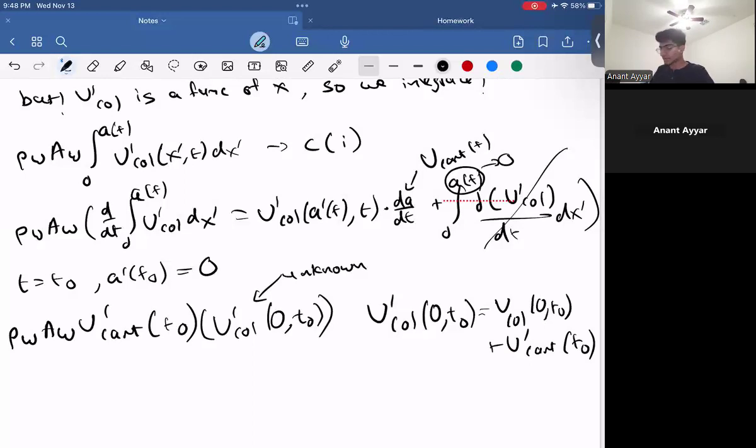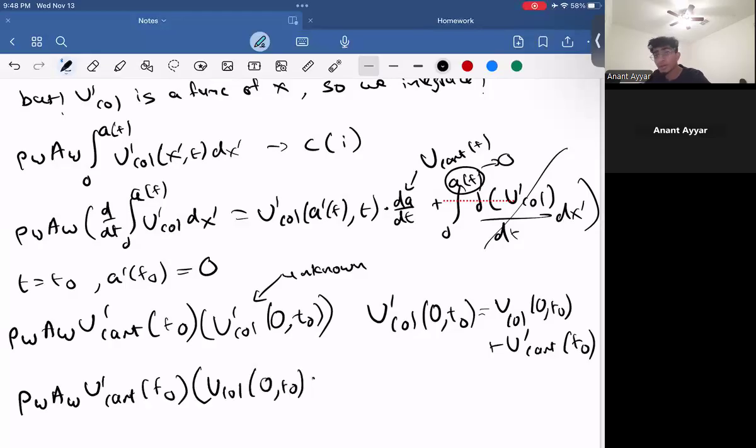Now we can substitute the moving reference frame value for what we originally had, and that'll be rho w A w prime cart at t naught, v column 0 t naught, for v prime cart at t naught.